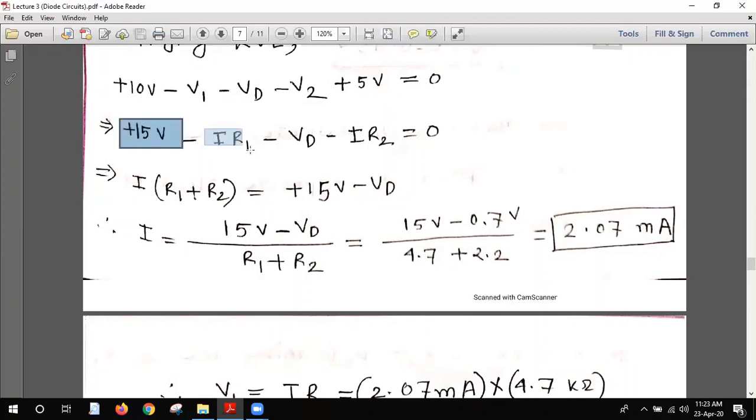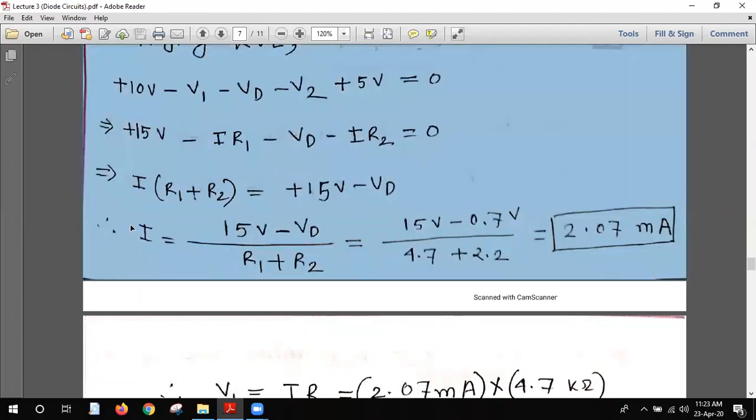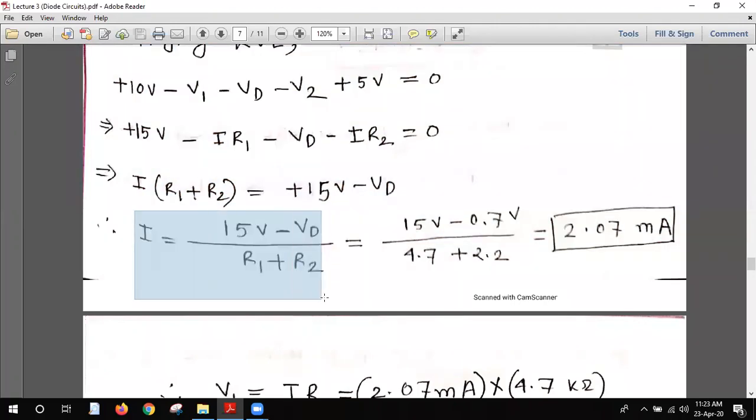This is just Ohm's law. V1 equals IR1, V2 equals IR2, we all know that. Now we take all the I on one side and all the values on the other side. So we take common I, then R1 plus R2, and we move this R1 plus R2 to the other side.